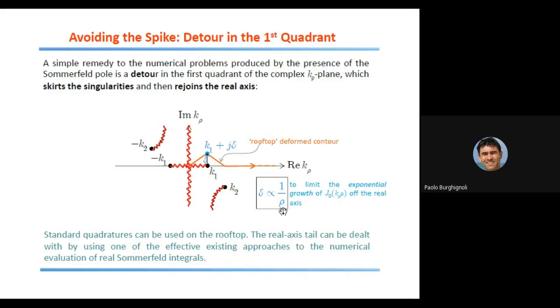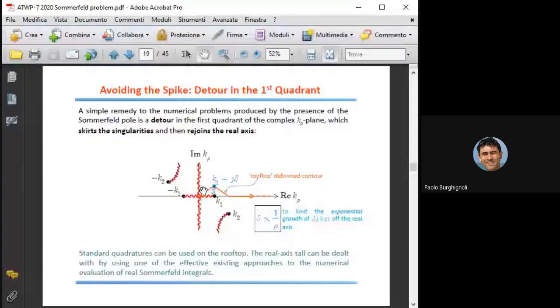Note that the choice of the imaginary shift delta must take into account the value of rho, because if rho is very large, then the Bessel function, whose argument is K1 times rho, becomes wildly oscillating when you go into the complex plane. That is because the Bessel function behaves like a cosine function.